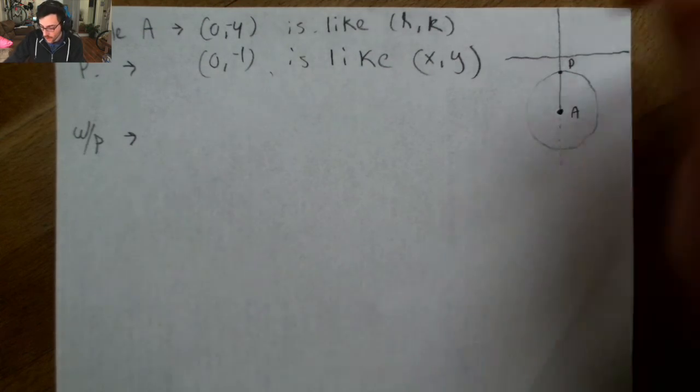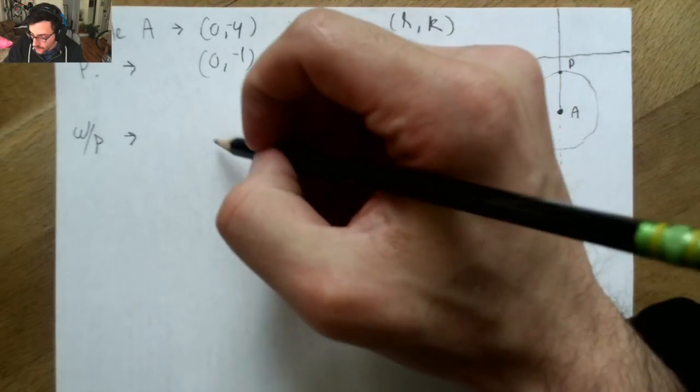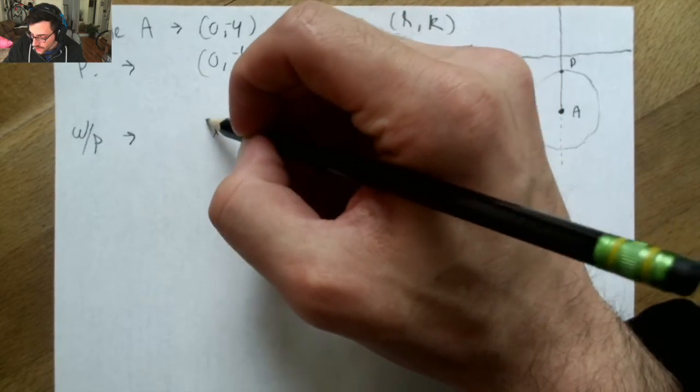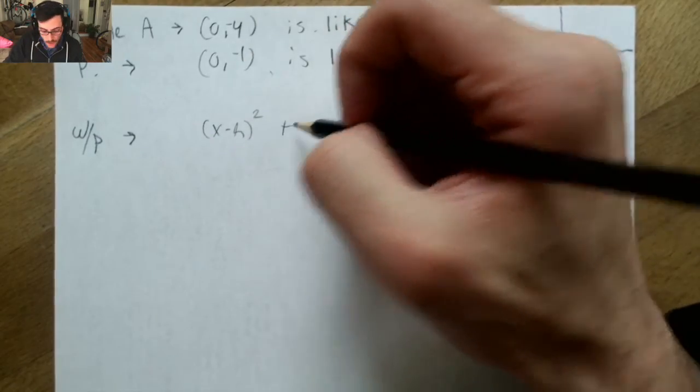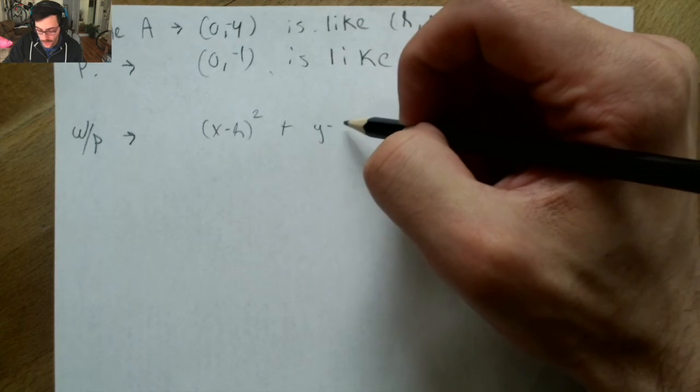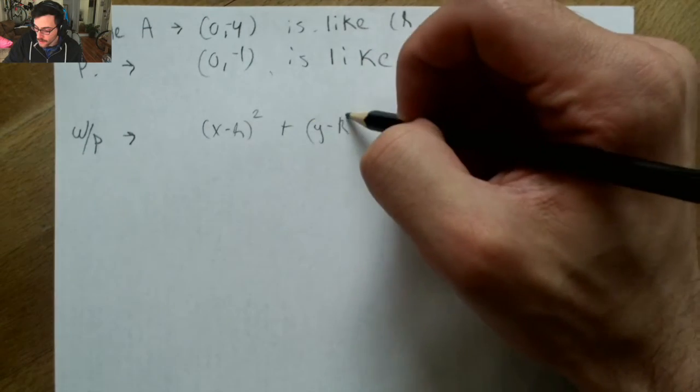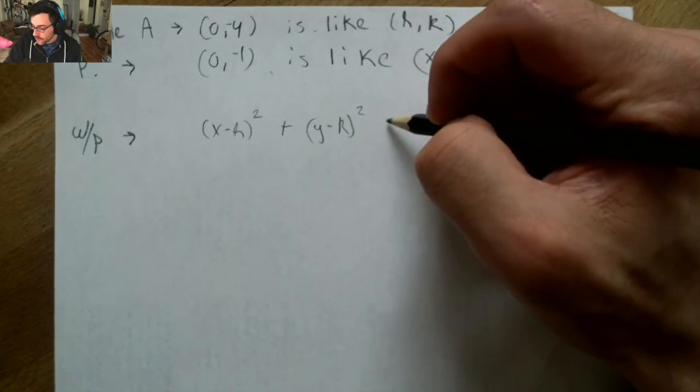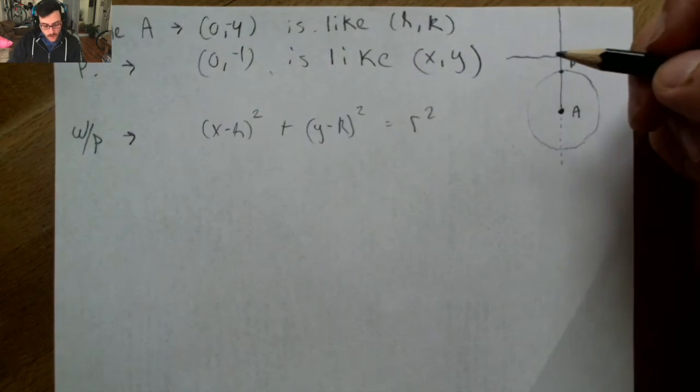So our equation for a circle is going to be (x minus h) squared plus (y minus k) squared equals r squared.